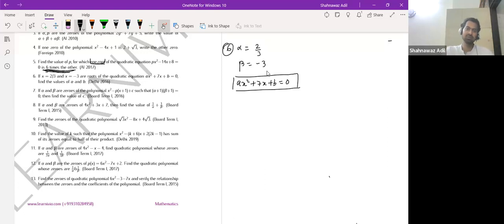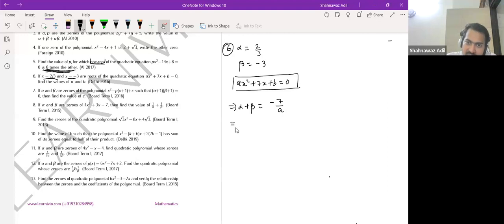Okay, that could be one way, but let us think about it. Let us do the question by your method first. You are saying that we can calculate alpha plus beta as minus 7 by a, right?